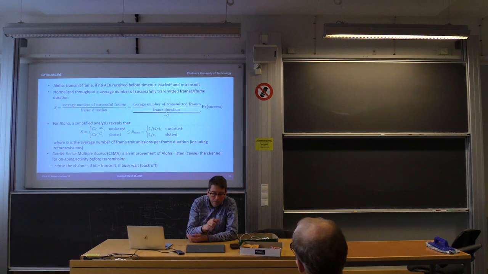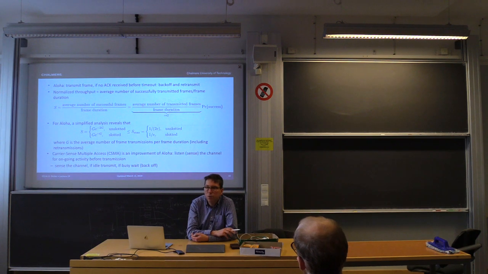For Aloha, which is one of these uncoordinated, random access schemes, we transmit the frame and wait for an ACK. If there is no ACK, then we back off and retransmit. It's a super simple protocol. It's almost like stop and wait, except that we have this random back off.